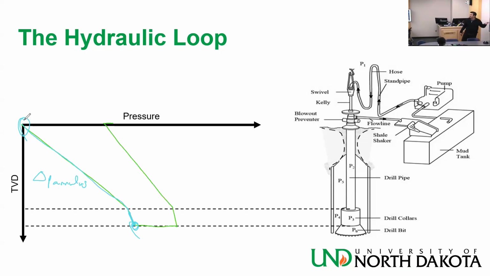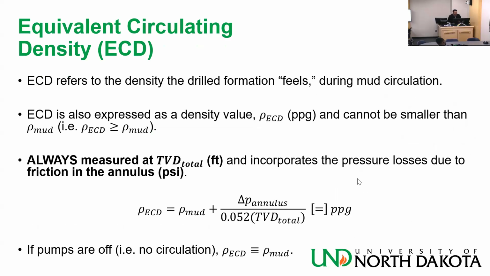But I know from the hydrostatic, 0.052 times rho mud weight times this depth, is something like 850 psi. It means that the pressure losses to friction are, what am I missing? 150 psi. Okay, this is the value I want, because this is the pressure loss that I need to be applying on the pump to be able to bring fluid to the surface at 0 atmospheric pressure.